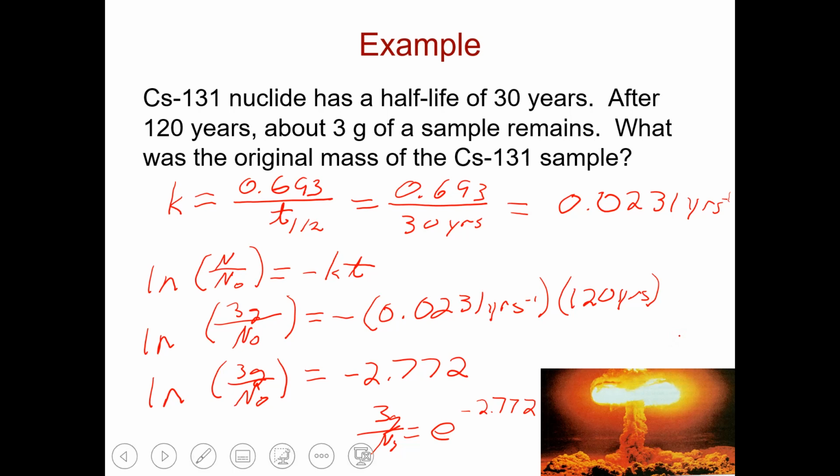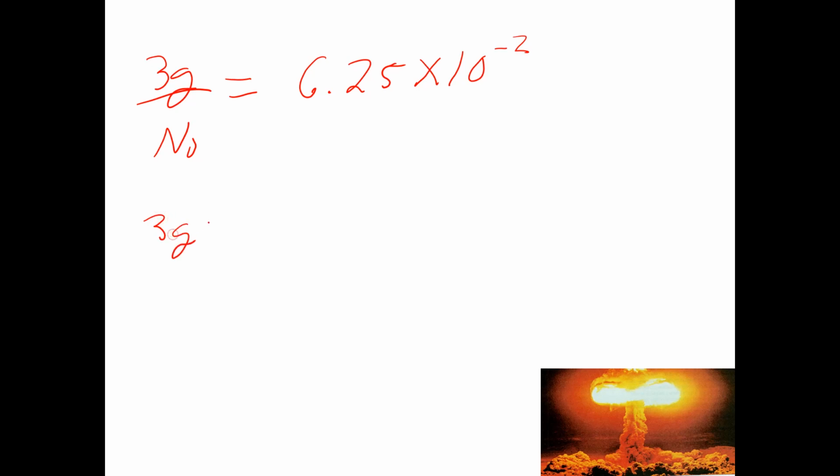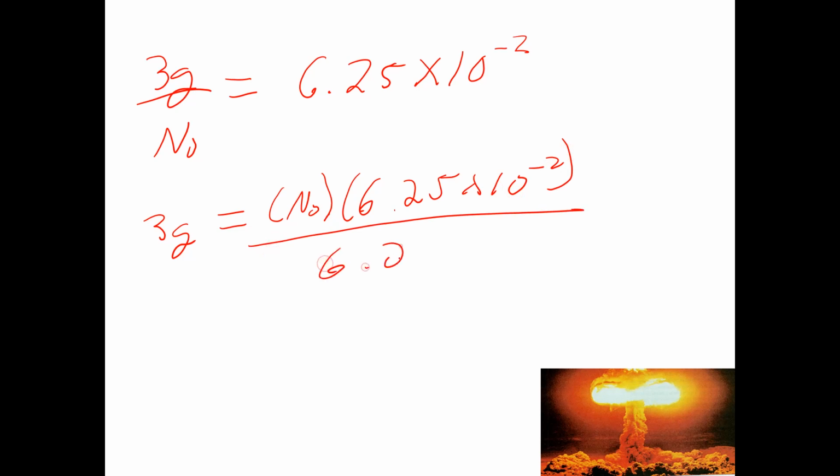And I'm going to add another slide in here. If I put e to the -2.772 into my calculator, I get 6.25 times 10 to the -2. So then I need to rearrange this algebraically. And then I'm going to divide both sides by 6.25 times 10 to the negative 2.